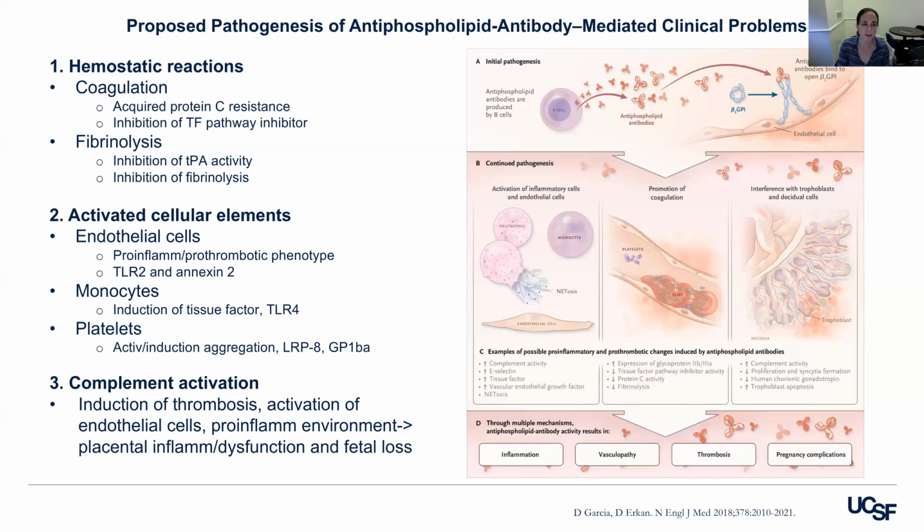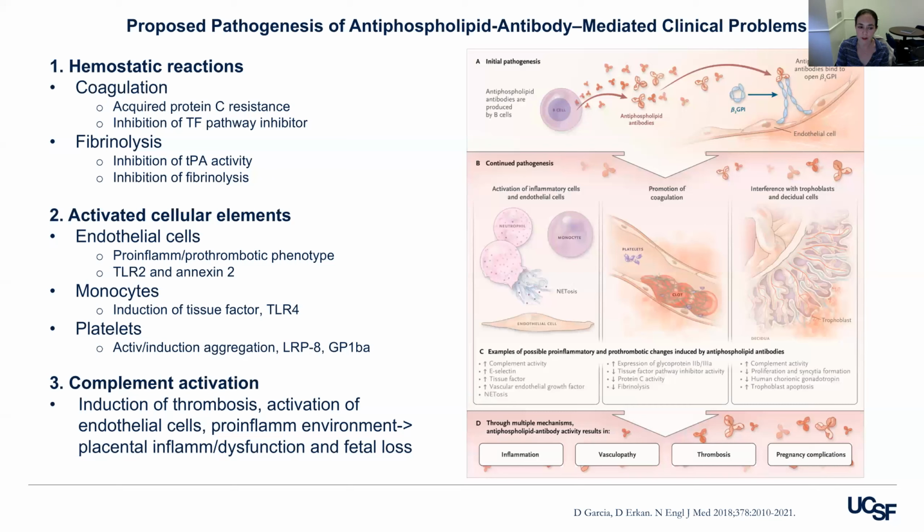First, hemostatic reactions are known to be abnormal, both in terms of coagulation with acquired protein C resistance and inhibition of tissue factor pathway inhibitor, as well as abnormalities in fibrinolysis with inhibition of TPA activity and inhibition of fibrinolysis. Secondly, activated cellular elements are known to play a role with activation of endothelial cells, monocytes, and platelets all playing a major role in the pathogenesis of this disease.